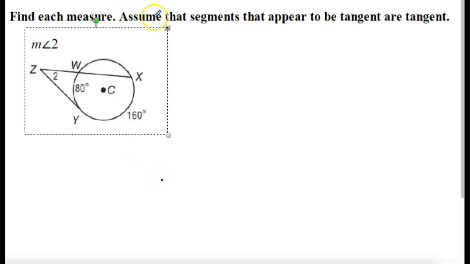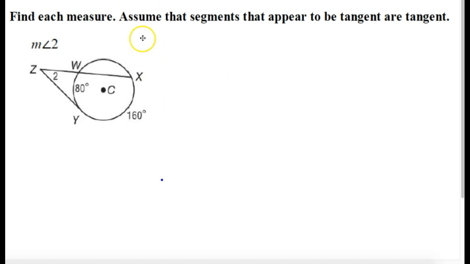So on something like this, we want to find the measure of angle 2. In this situation, my two intercepted arcs are 160, this arc right here, and then 80, this arc right here.